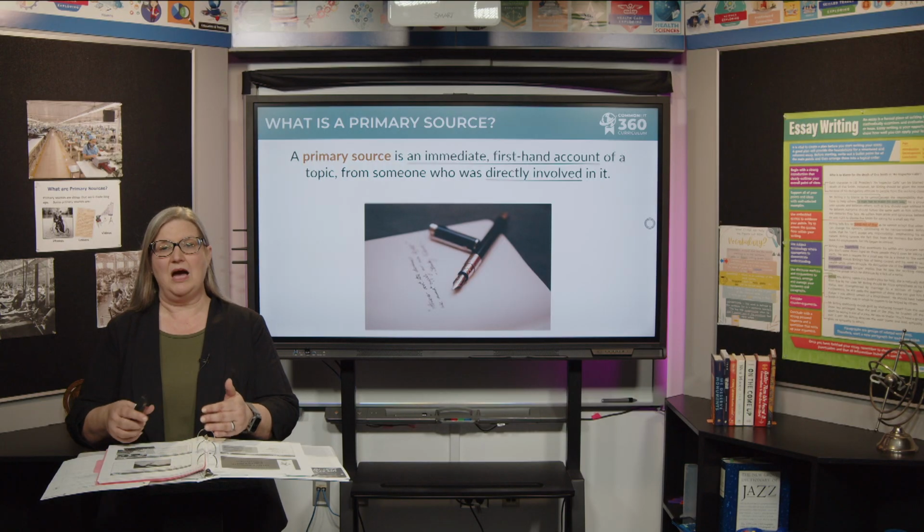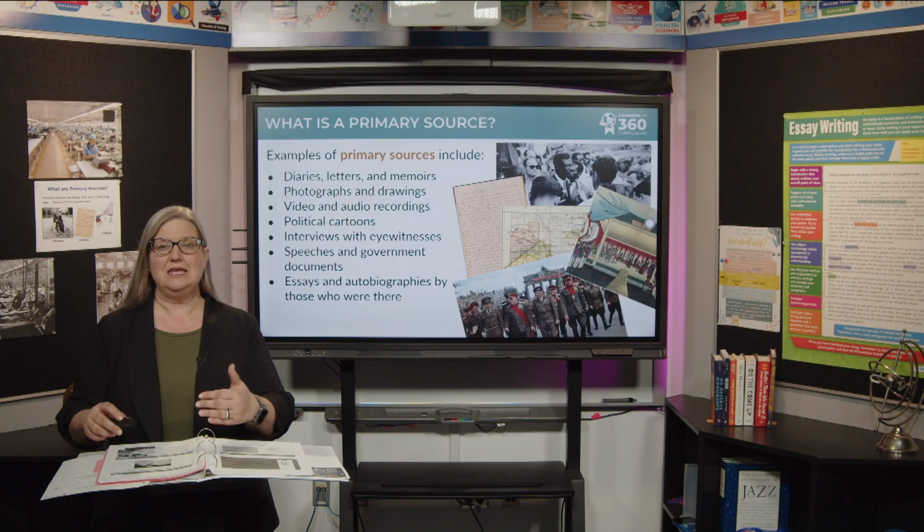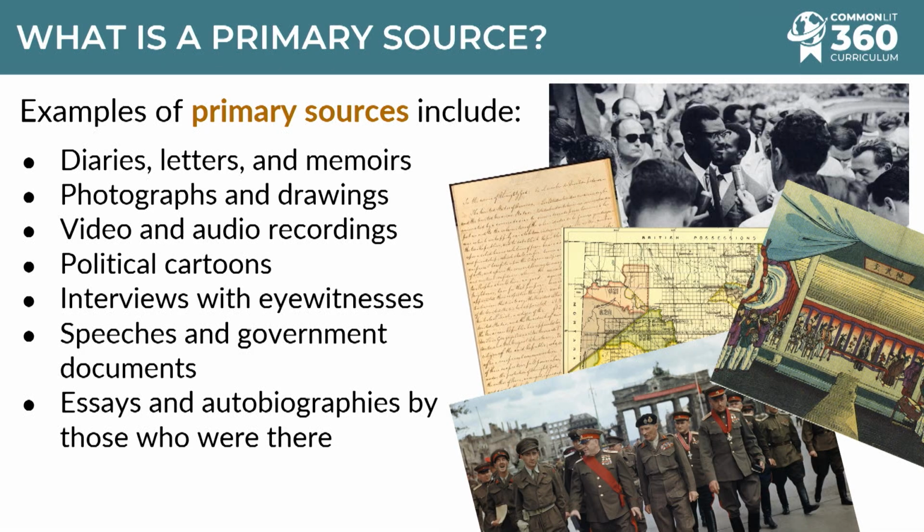When we think about a primary source, we think about people who have written diaries, letters, memoirs. We think about photographs and drawings, video and audio recordings, political cartoons, interviews with eyewitnesses, speeches and government documents, and then essays and autobiographies written by those who were there, right?